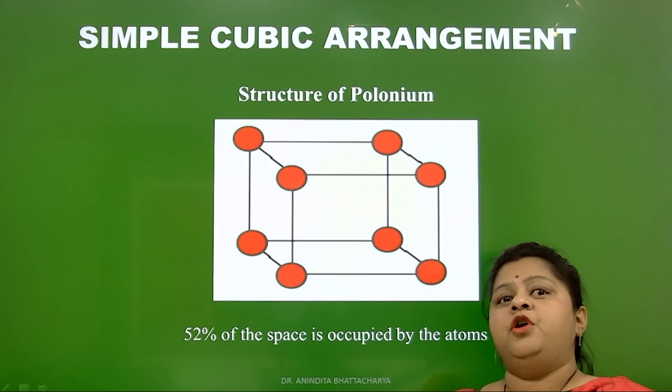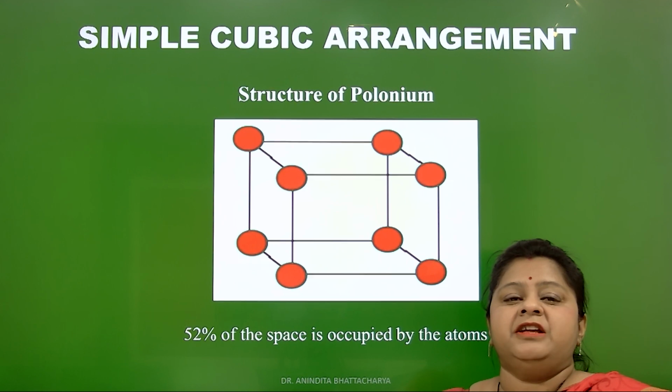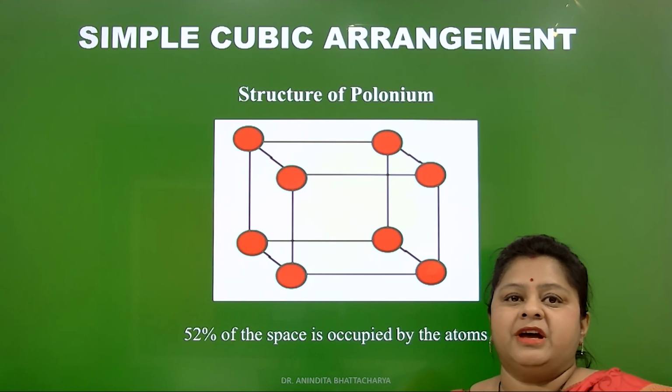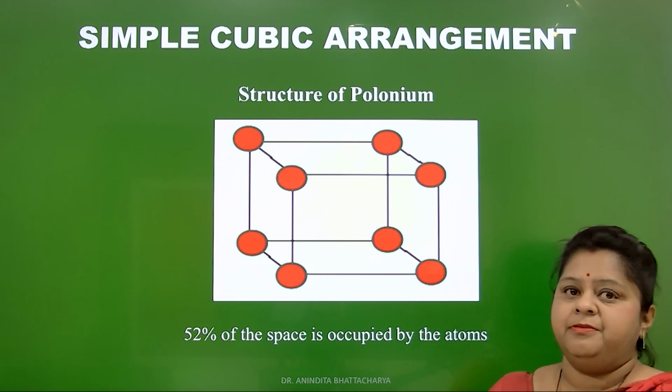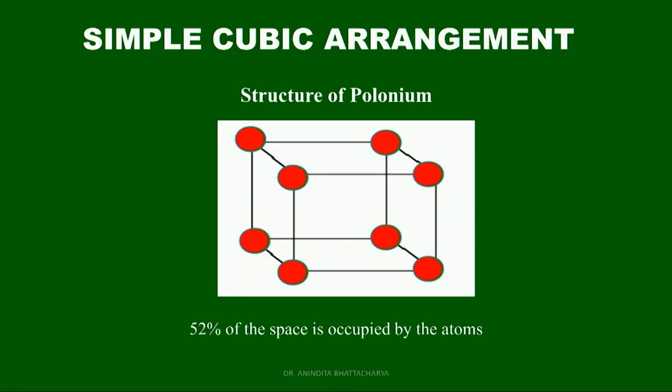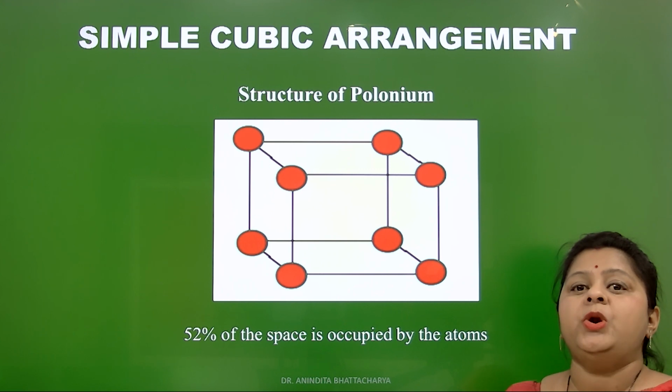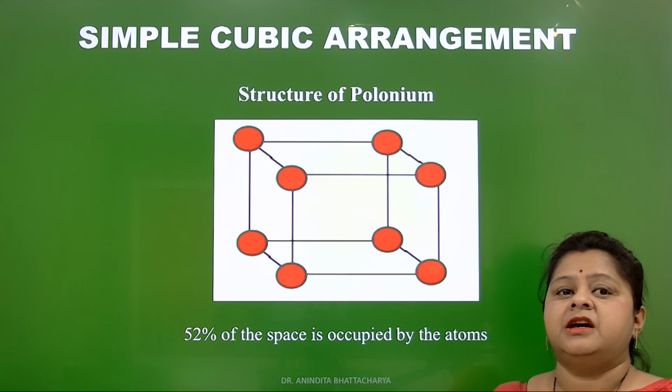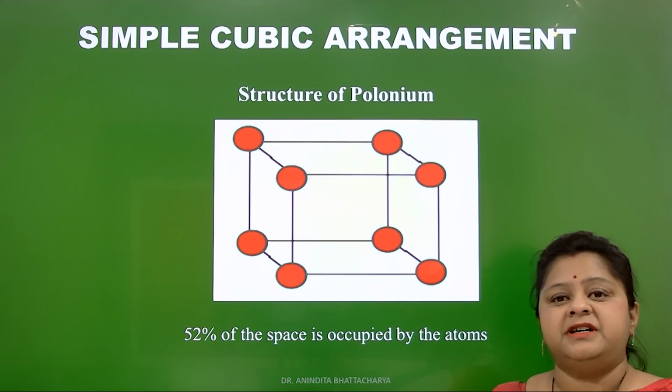Now if we move on to the simple cubic arrangement of polonium, it is a simple cube having atoms only at the corners, and the space occupied by the atoms in that unit cell is only 52%, and the rest 48% is blank space.